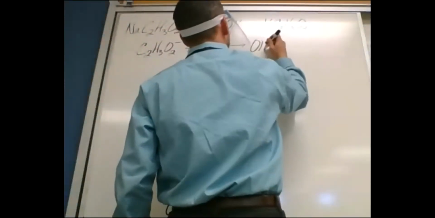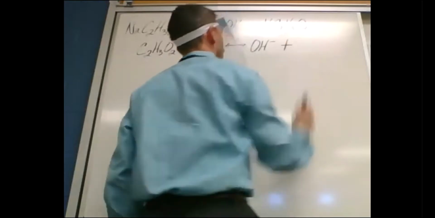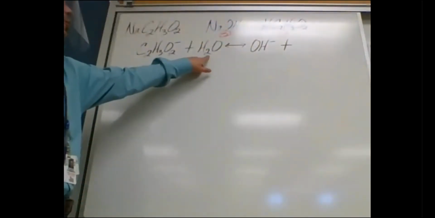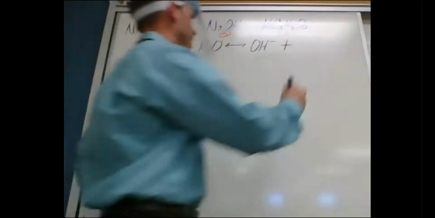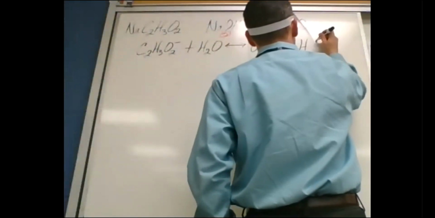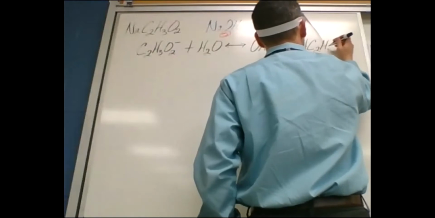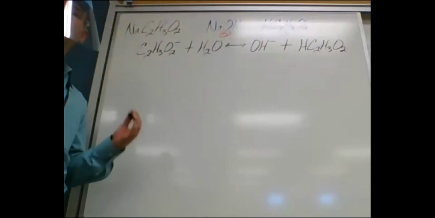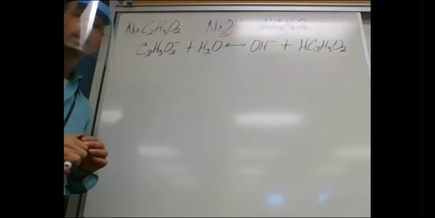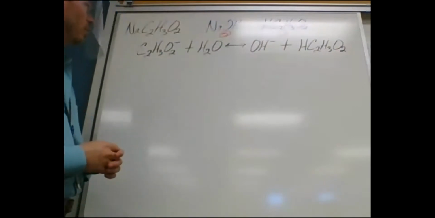So I know there will be hydroxide. That H must have been donated away from the water to form that hydroxide. So that's everything that we've been doing today, which is really the only new stuff in terms of skills.